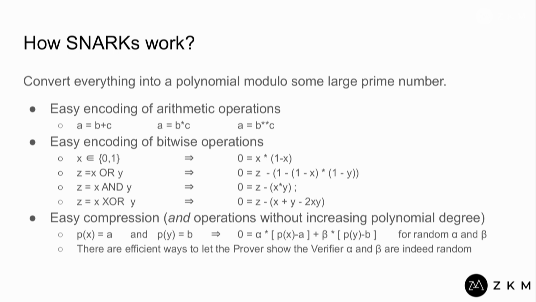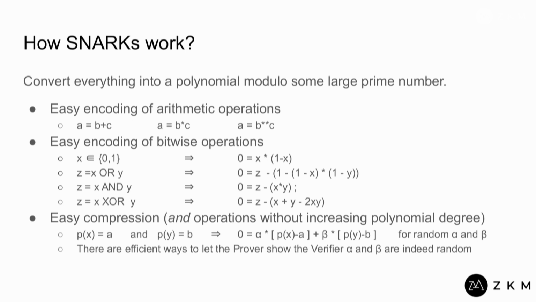A SNARK will translate every computation into a polynomial. And this polynomial is expressed modulo some large prime number, maybe a prime number with 64 bits. There's a lot of mathematics behind this, but if you have a prime number, you can add and you can multiply, and that means that you have a meaningful definition of what a polynomial is.